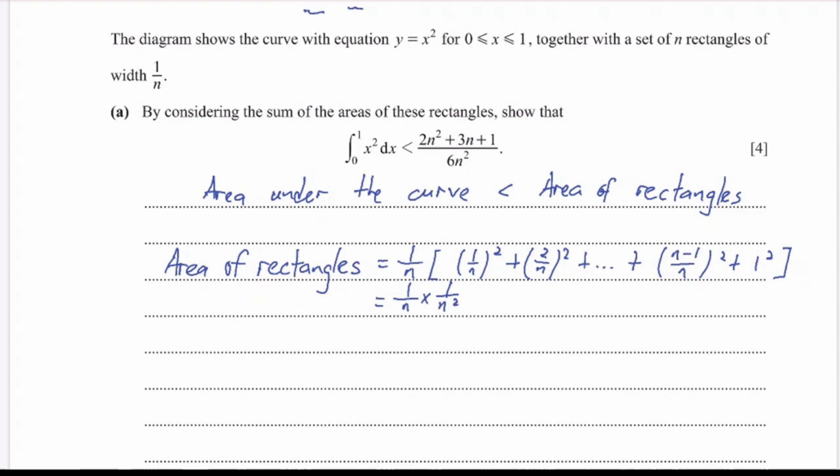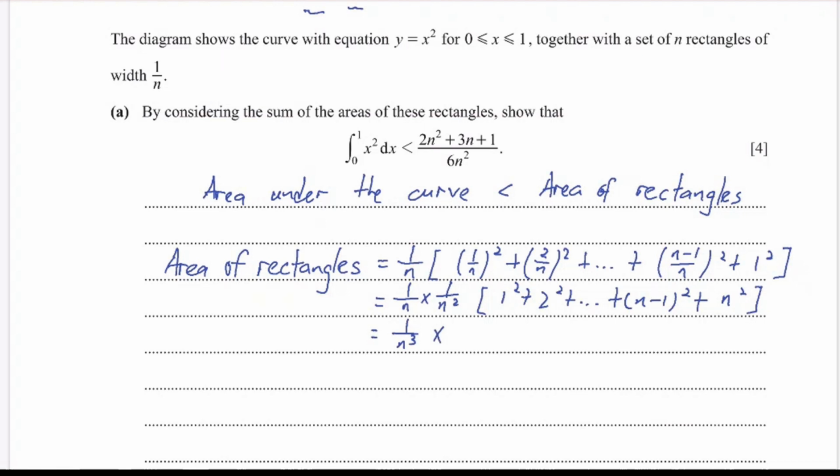Once we factorize it out, inside the expression it is just 1 squared, 2 squared, and so on, up to n squared. This is something that we are quite familiar with already.